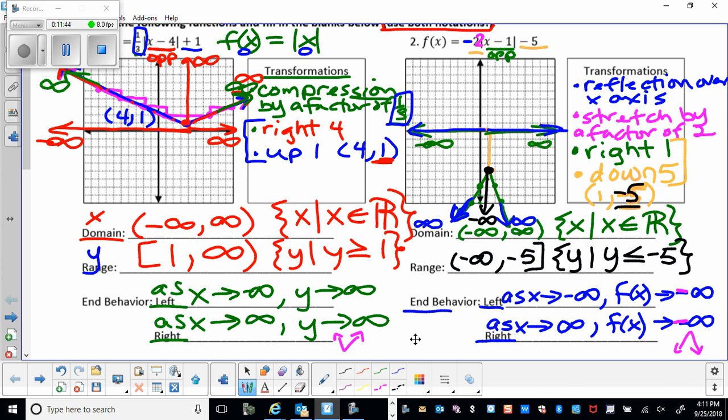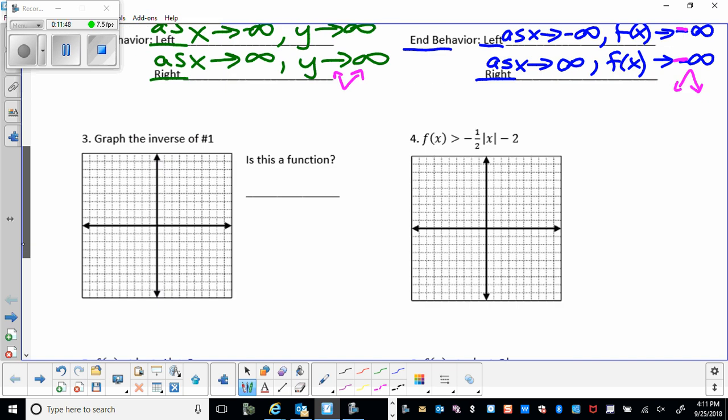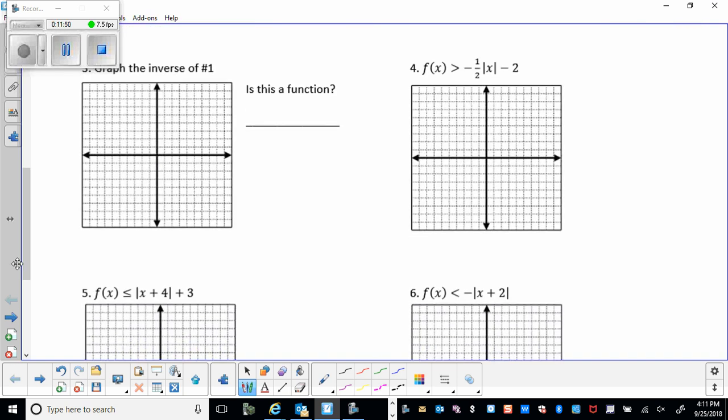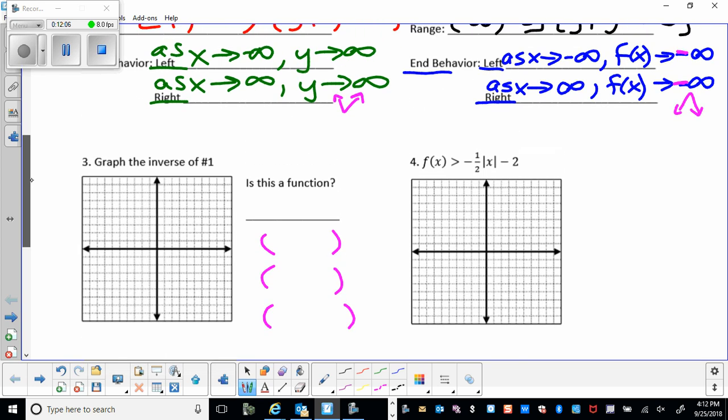Okay, that's 1 and 2. What else do we have here? So now we're graphing the inverse. If I'm graphing the inverse of that function 1, I need 3 points. I need the vertex, and then a point to the left and a point to the right.